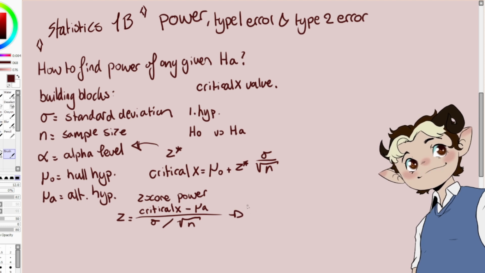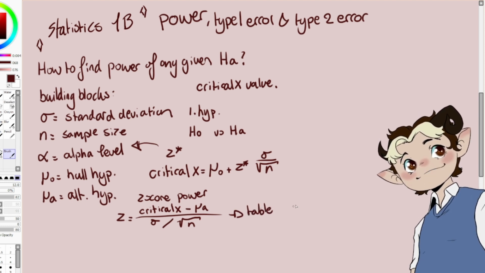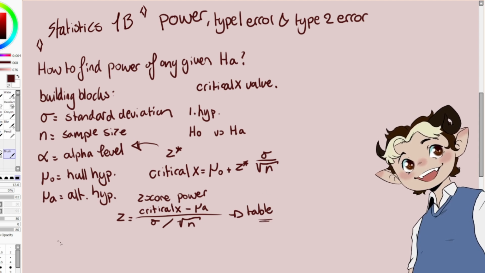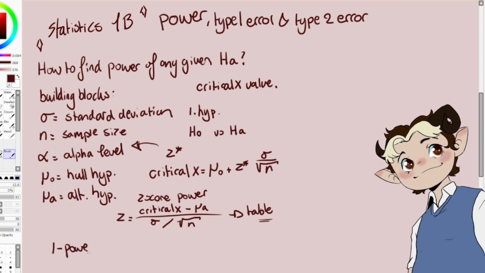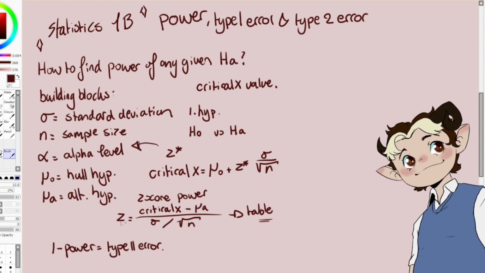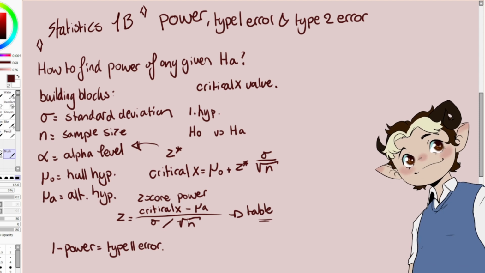And then we look that up in the table. When we look that up in the table, we now have our power. This result is going to be our power. Then 1 minus power is our type 2 error. And our goal is to have as high a power as possible, so our type 2 error rate is going to be as low as possible.